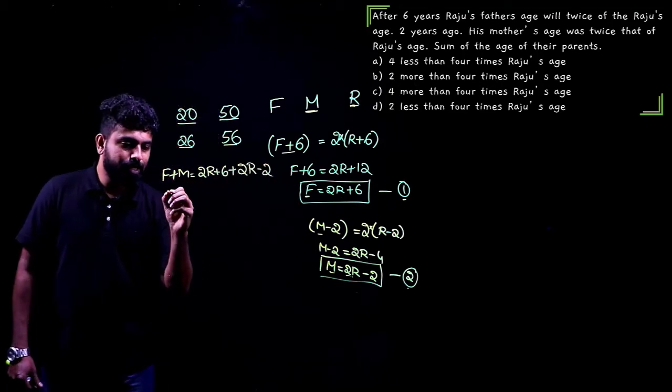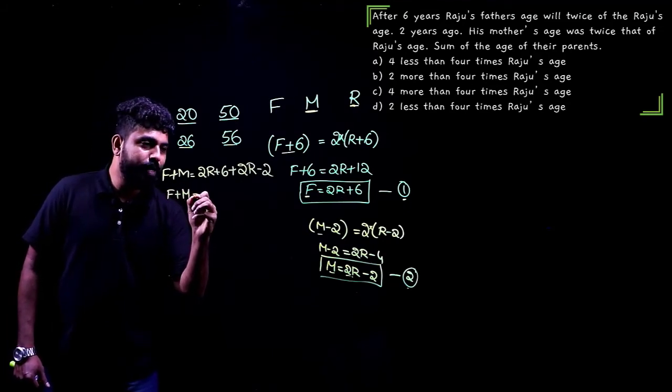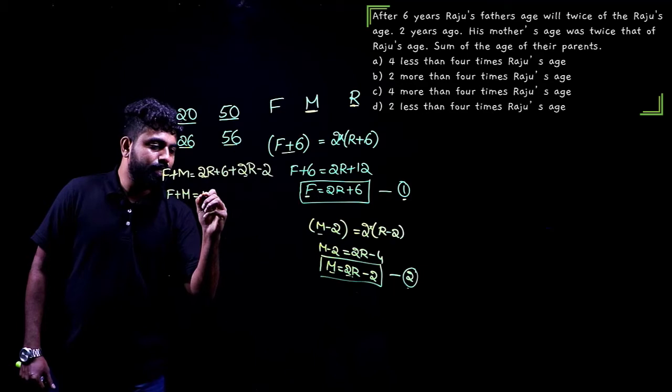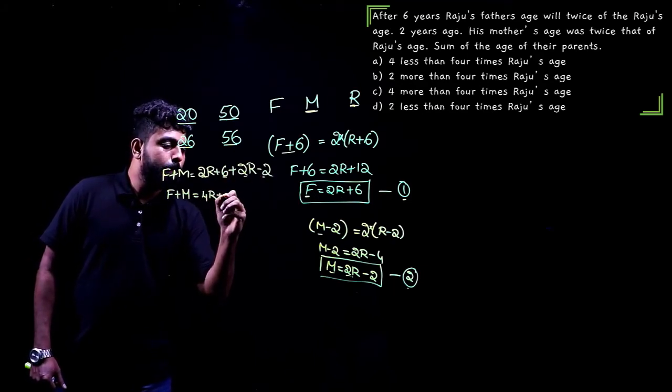So the sum of the parents' ages, F plus M, will be equal to 2R plus 2R, which is 4R, plus 6 minus 2, which gives me plus 4.